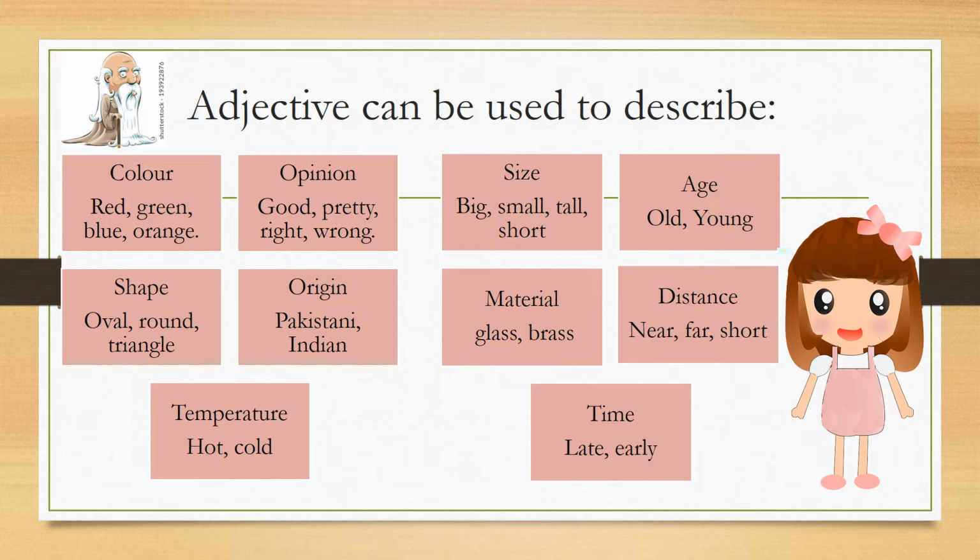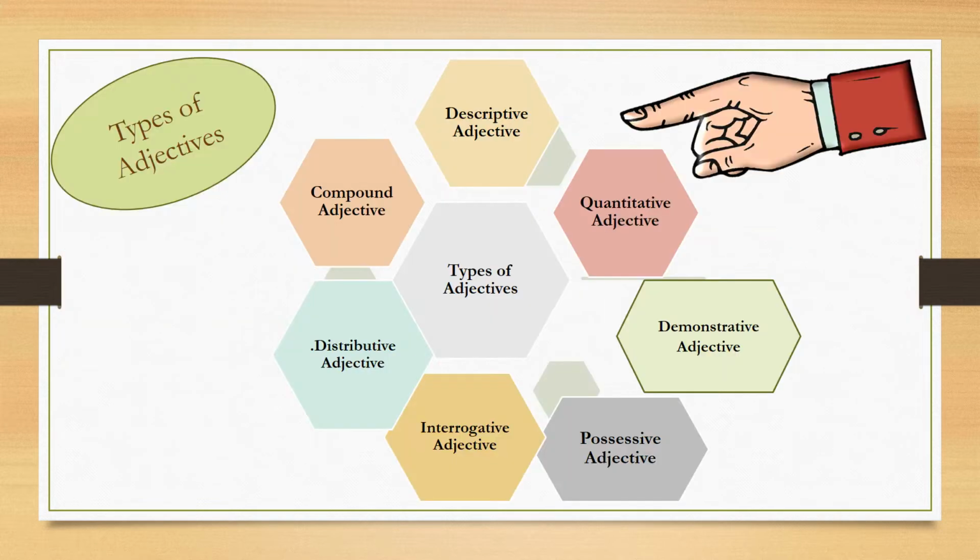Shape, either it is oval, rectangular, triangular, etc. Origin, either a person is Pakistani, Indian, British. Material, like glass, brass, gold, silver. Distance, like near, far. Temperature, hot, cold. Time, like late or early. These are all examples of adjectives.